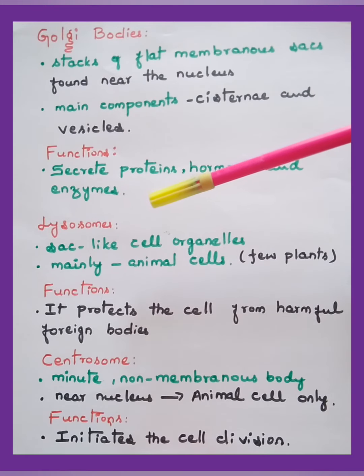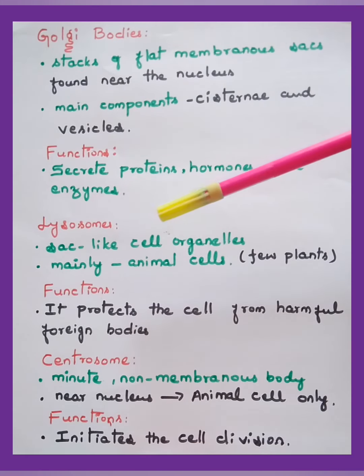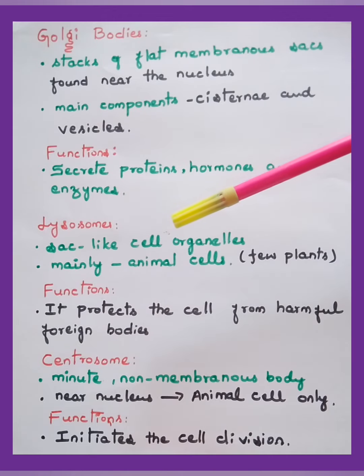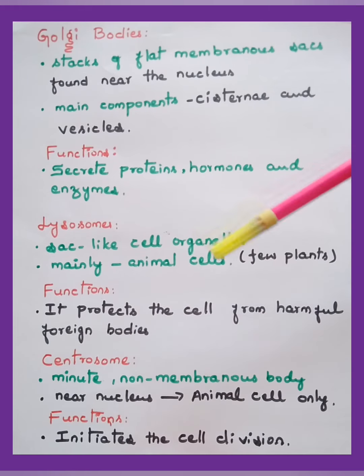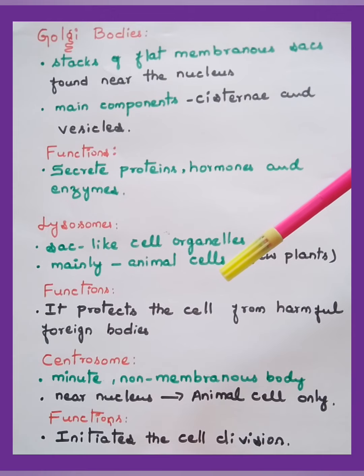Next, moving on to lysosomes. Lysosomes are sac-like cell organelles mainly found in animal cells, and in a few specific plant cells also. The main function of lysosomes is to protect the cell from harmful foreign bodies.